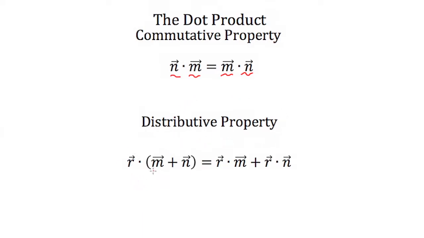If I want to dot r with the addition of m and n, then that's the same as dotting r with the vector m, and then dotting r with the vector n, and then adding those two together. So the dot product follows the commutative property of multiplication and the distributive property of multiplication.